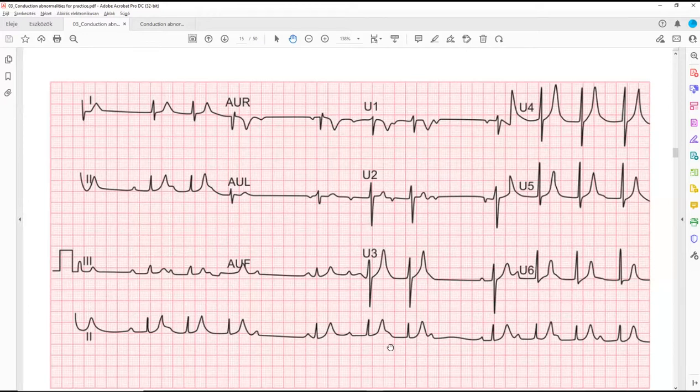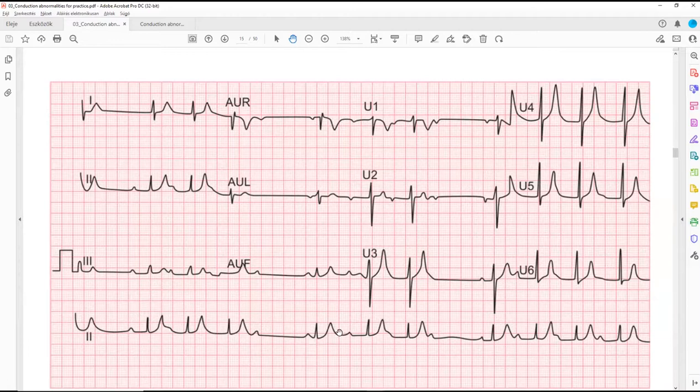Okay. Makes sense. And then there's a dropped beat. There is a P wave without a QRS, so I forget if it's 3-to-1 or 1-to-3. No, you said 1, 2, 3, and 4, and out of the 4 we have 3 conducted, 4-to-3 conduction. 4-to-3. Okay, yes.